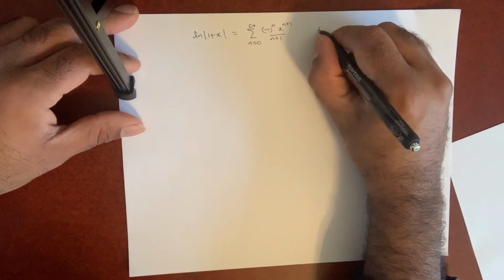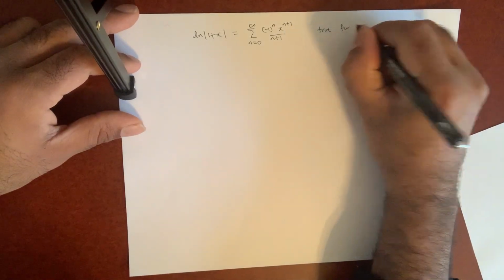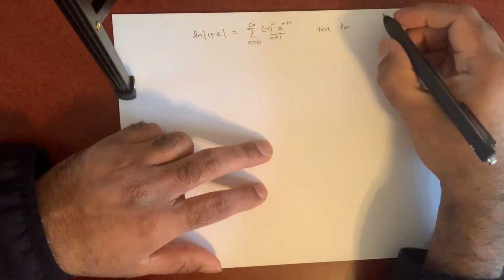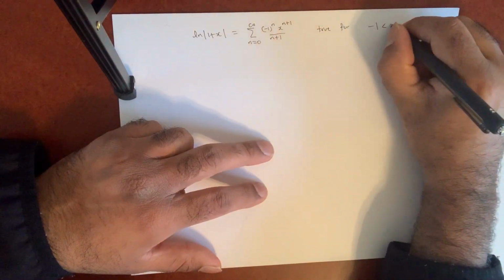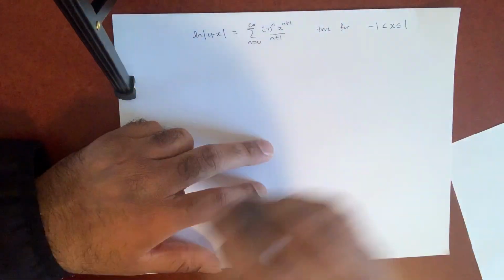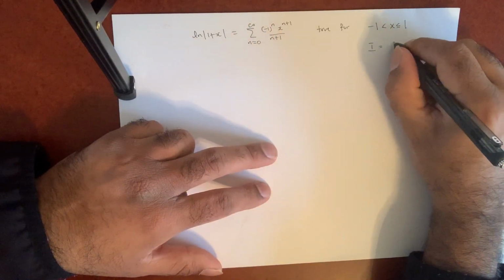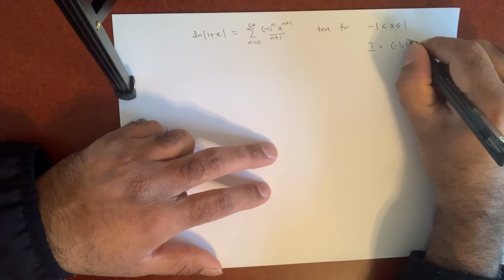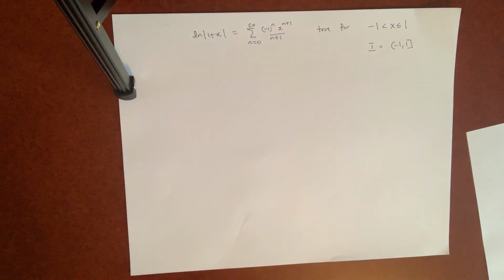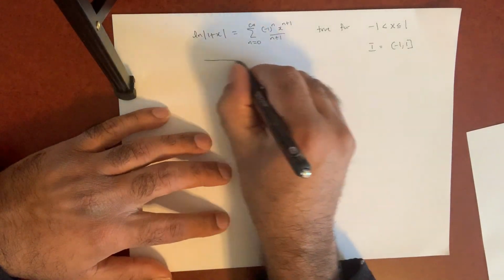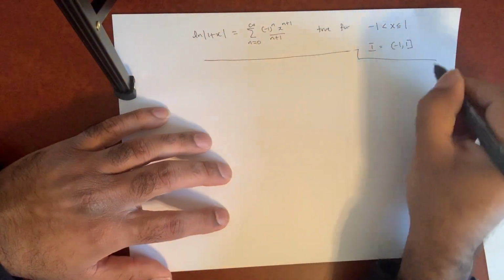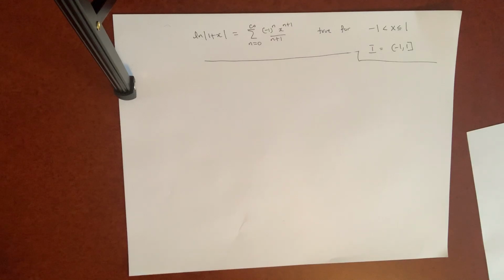And this is true for, well, it's not true at negative 1, but it is true at 1. So our interval of convergence is open at negative 1 and closed at 1. Okay, so that was the exercise from the last time.